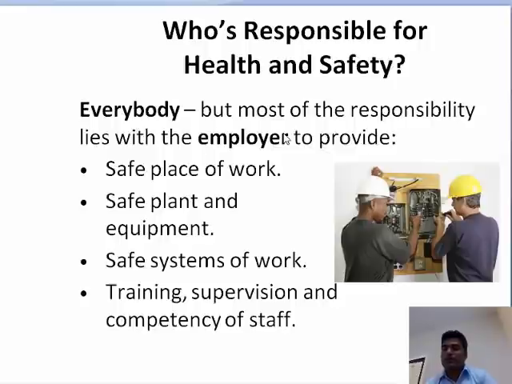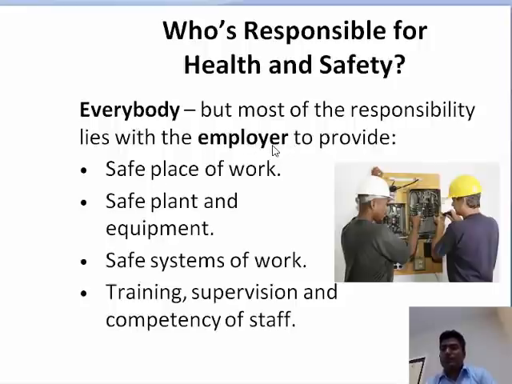The employer has the responsibility to maintain health and safety at the workplace and also to care for employees, but it is not fully the responsibility of the employer, as the employee also has responsibility to maintain health and safety at the workplace.